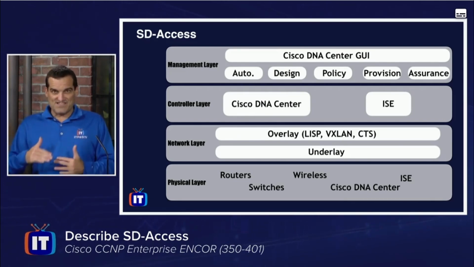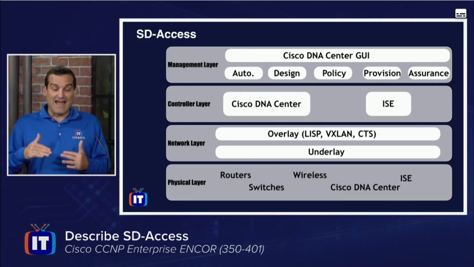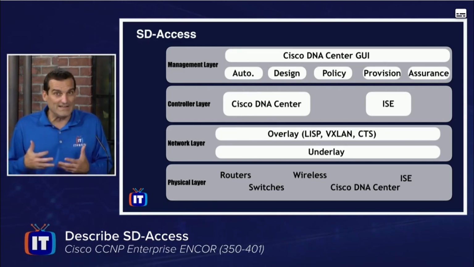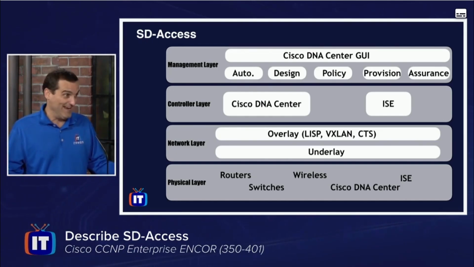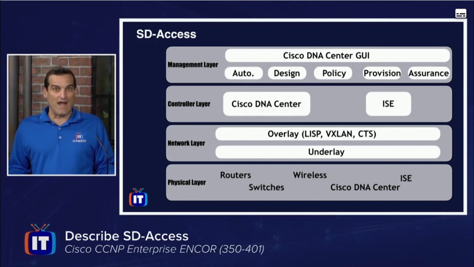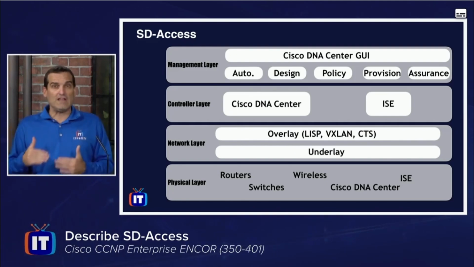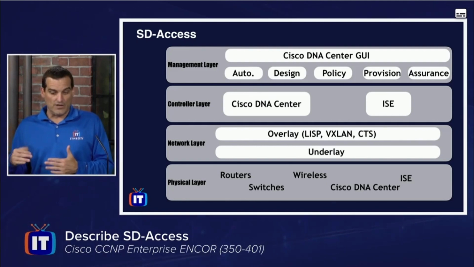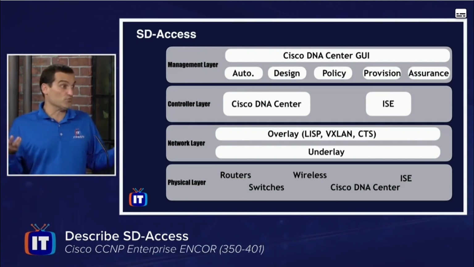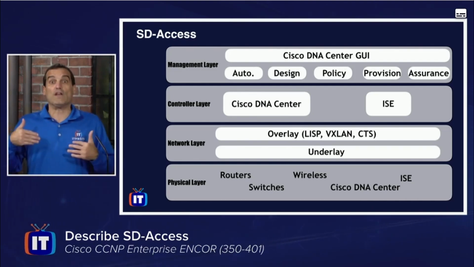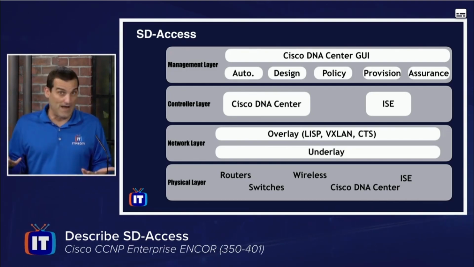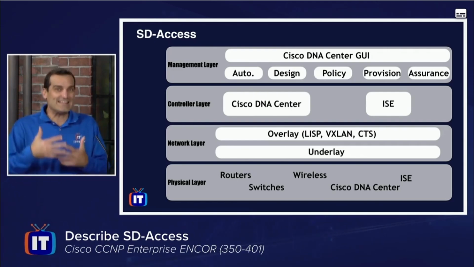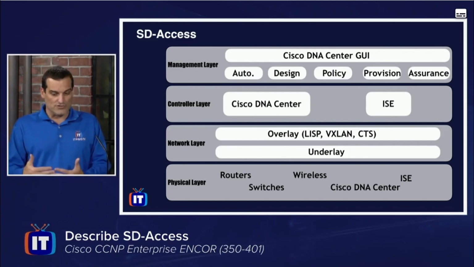So there's all the stuff that makes up the physical layer. Now, look, there's already a concept here we're familiar with, underlay and overlay. Just like we had with SD-WAN, we have an underlay network layer here. That would be like your routing protocol, or if you're in a layer 2 only environment and you want to do Rapid Spanning Tree Protocol, that's the technology there in the underlay.